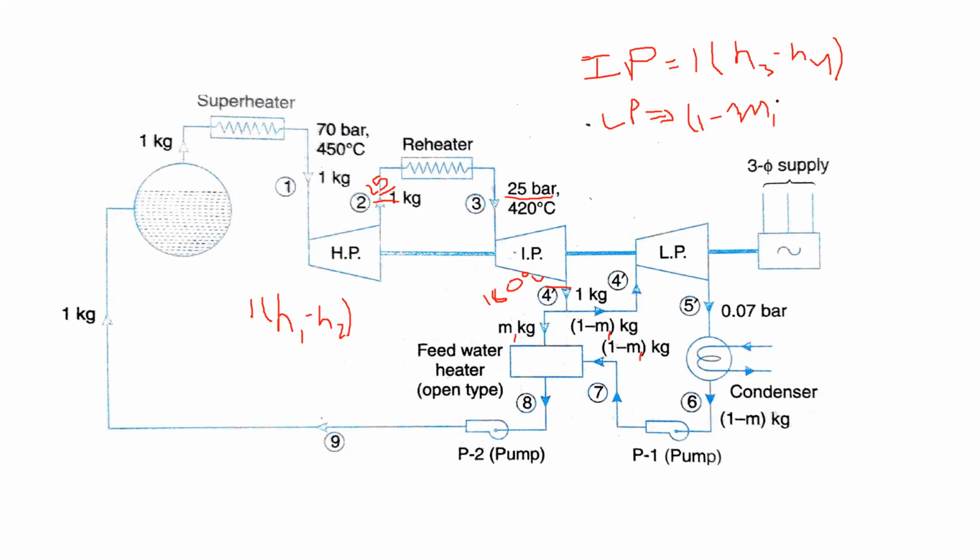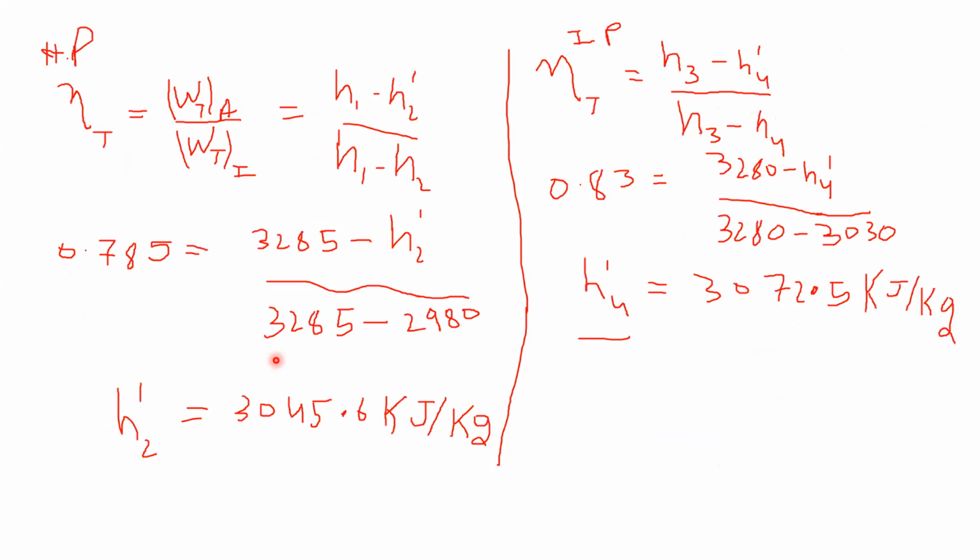The remaining mass is 1 minus m1 into the enthalpy difference h4 dash minus h5 dash. So the sum of all these equations, the high pressure turbine work, intermediate pressure turbine work and low pressure turbine work together, gives you WT.